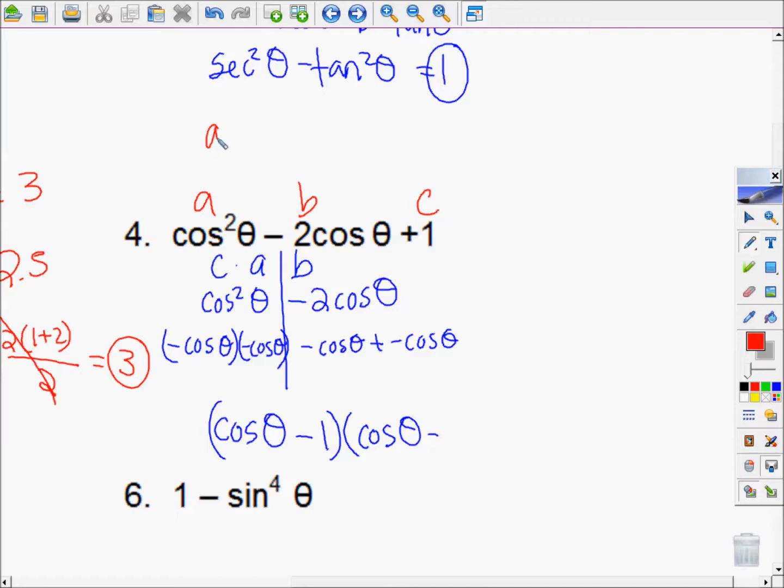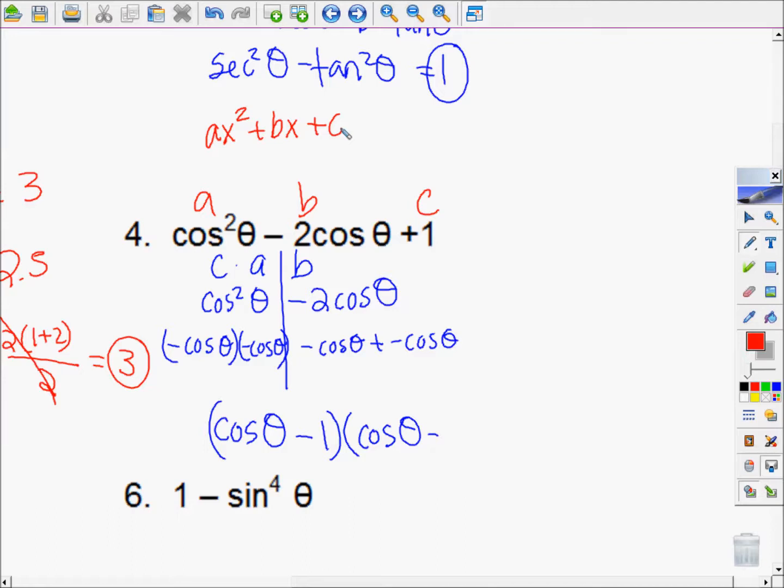Remember when you had ax squared plus bx plus c in Algebra 2? That represented a quadratic. Your a, your b, and your c are the coefficients. So the a here is 1 cosine squared, the b here is negative 2, and your c is a 1 without any cosines attached to it.